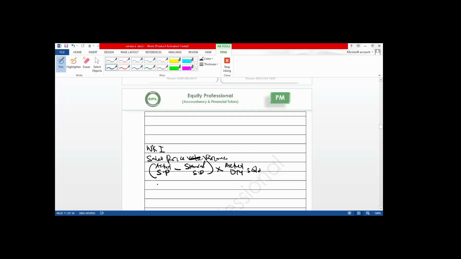Our actual selling price, check the question, 6,120. Standard selling price, 6,000 naira. Actual quantity sold, 2,400 units. Please get your sales price variance.